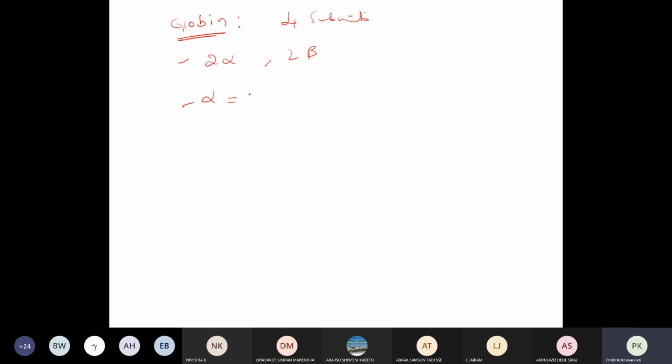The alpha subunit has 141 amino acids, whereas the beta subunit has 146 amino acids.